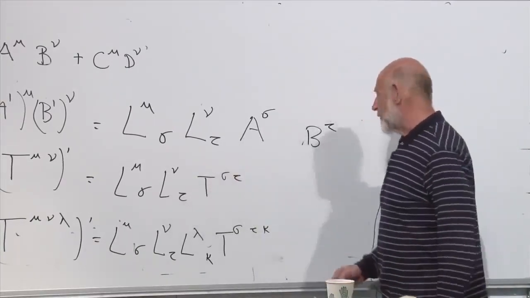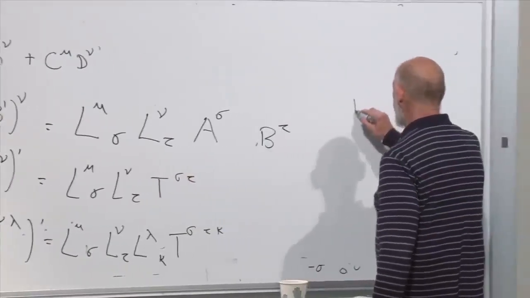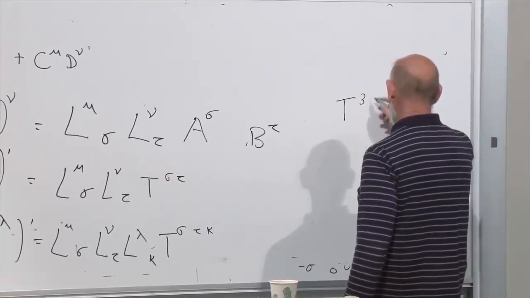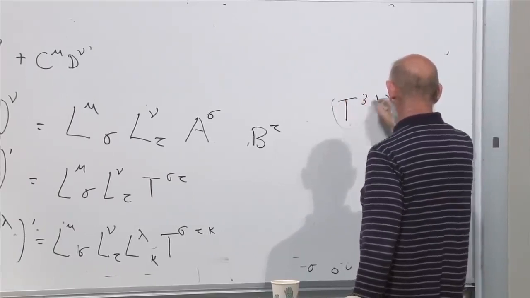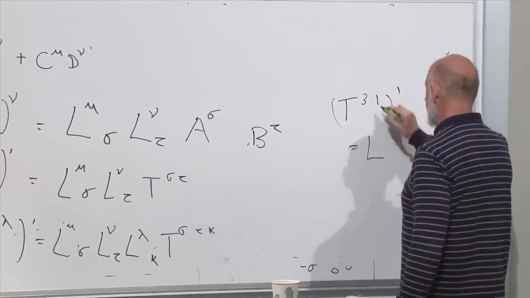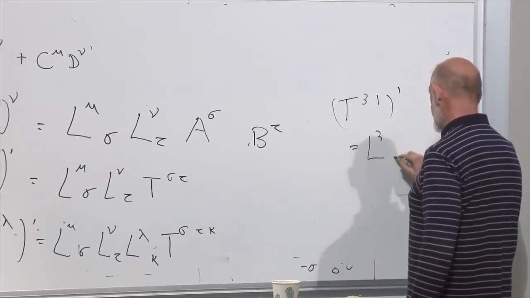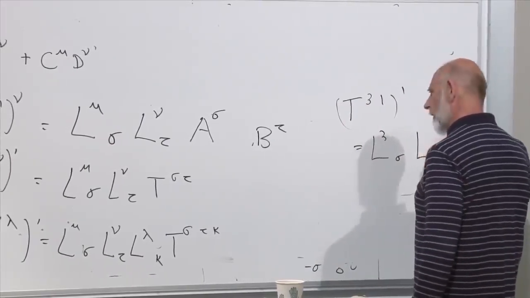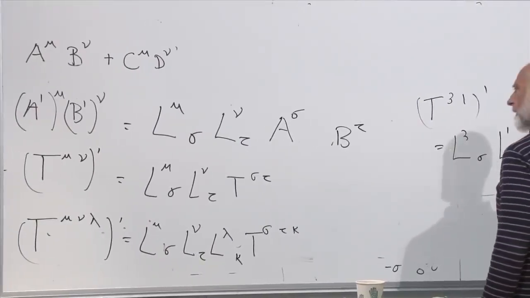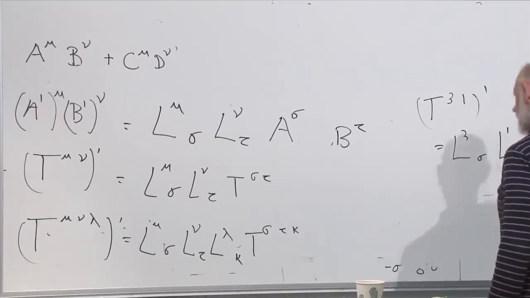There's a lot of components, but I'll give you a hint. For example, T 3 1 prime. What is that? That's equal to L 3 sigma, L 1 tau, T sigma tau.